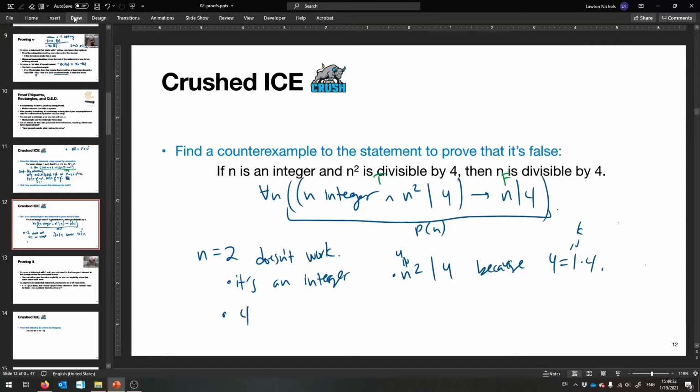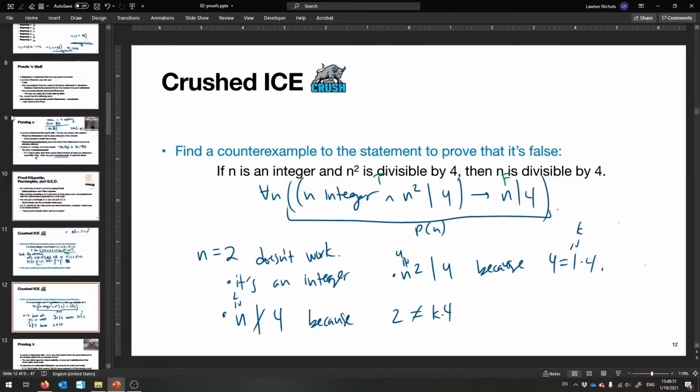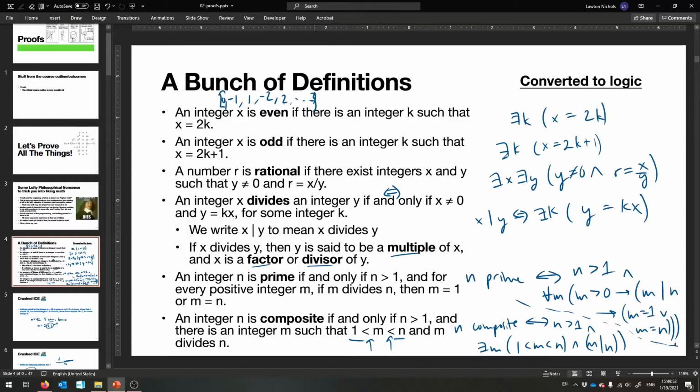because n is not itself divisible by 4, and we say that by writing a slash through this. N is not divisible by 4 because, remember that n is 2, because 2 is not equal to some number k times 4, where k, we have some requirements for k.